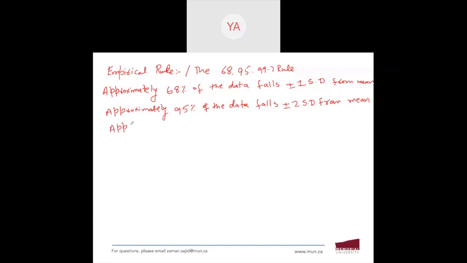The third is approximately 99.7% of the data falls within plus minus 3 standard deviations from the mean.